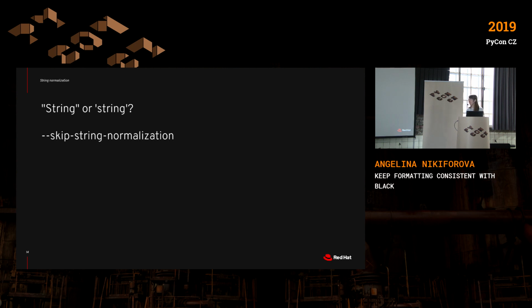However, this option is discouraged in new projects. It's for compatibility with old ones. If you have a new project, you can apply everything. Some people would argue that single quotes are faster to type, which is true, and I personally do that. But the best thing, since we are talking about an auto-formatting tool, is that you can type whatever is faster to type, and then apply Black, and it all will be the same. So type whatever is faster.